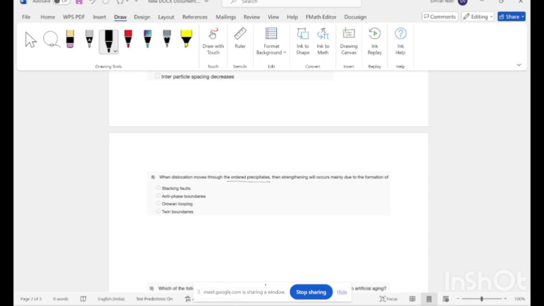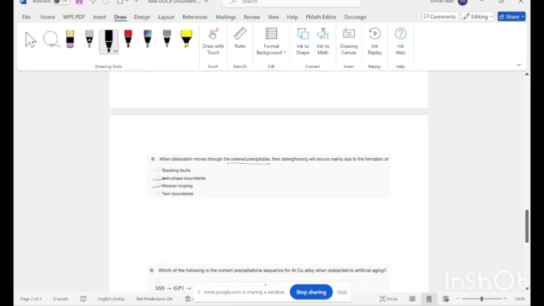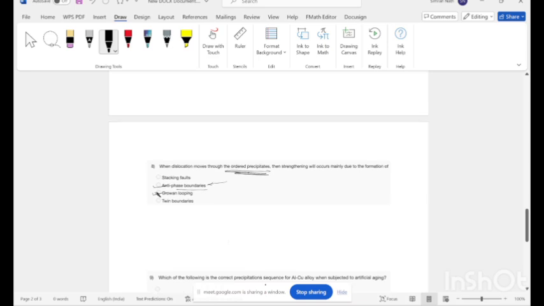No. In ordered phase, as we also studied in solid solution strengthening, antiphase boundaries are formed. Orowan looping happens in the interaction between dislocation and precipitate, so it is incorrect, and the correct option is antiphase boundary. Always remember that an ordered precipitate or ordered phase will contain antiphase boundaries after any deformation process.